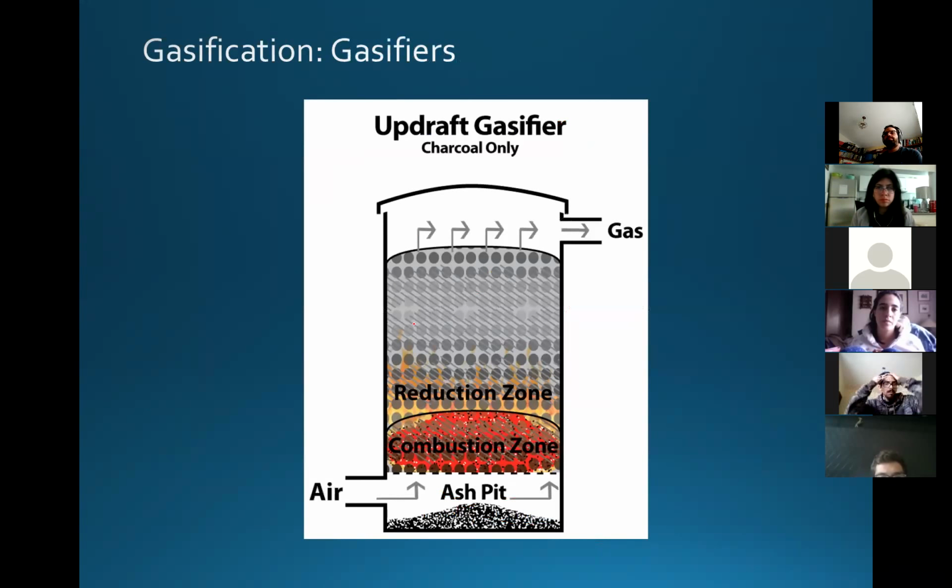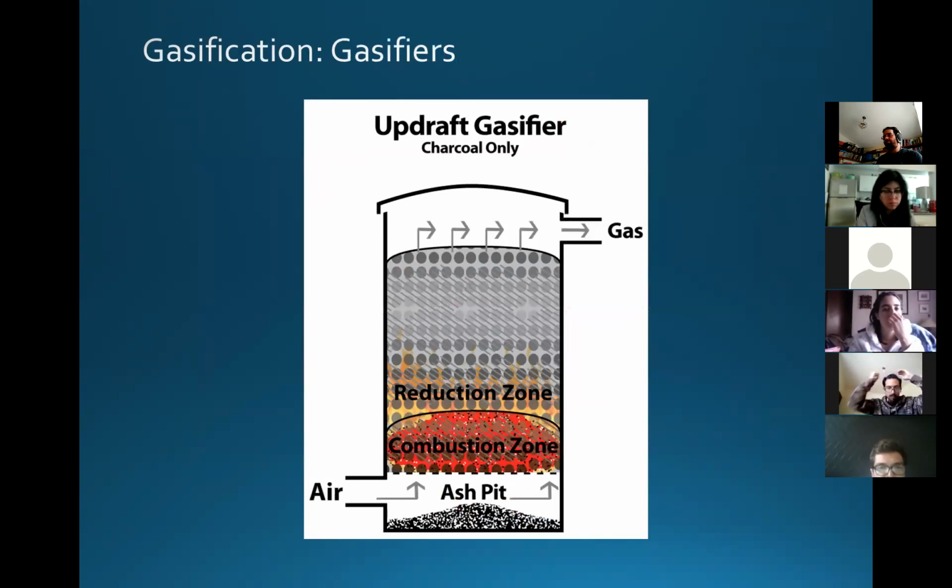In this gasifier, this is one of the easiest types of gasifiers. We're going to do an activity about gasifiers. What we have here is a container that can be, well, I have seen gasifiers even in a trash can, the big containers.